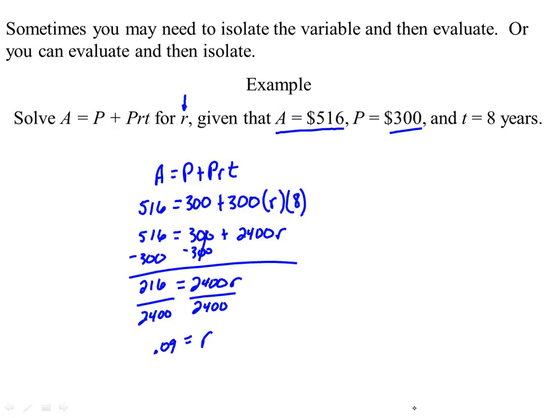Now let's see how many of you were listening about 5 minutes ago. What would you put on your answer blank? Excellent. When I ask for a rate, I am asking for a percent, so I need 9% as your answer. Okay? Now if you put 0.09 on the answer blank, I'm probably going to give you half credit, but please give me what I asked for. I want a percent.